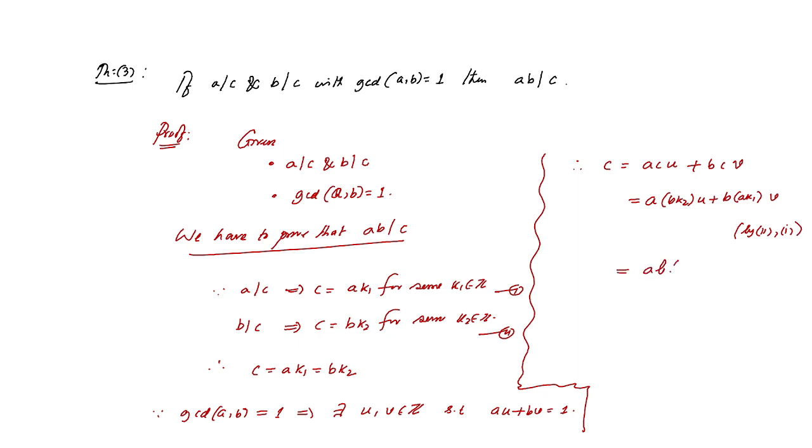So if we take the common AB, it will be K2 U plus K1 V. And that implies AB divides C, since K2 U plus K1 V is also an integer. So what we have proved is that AB divides C, and hence our proof is complete.